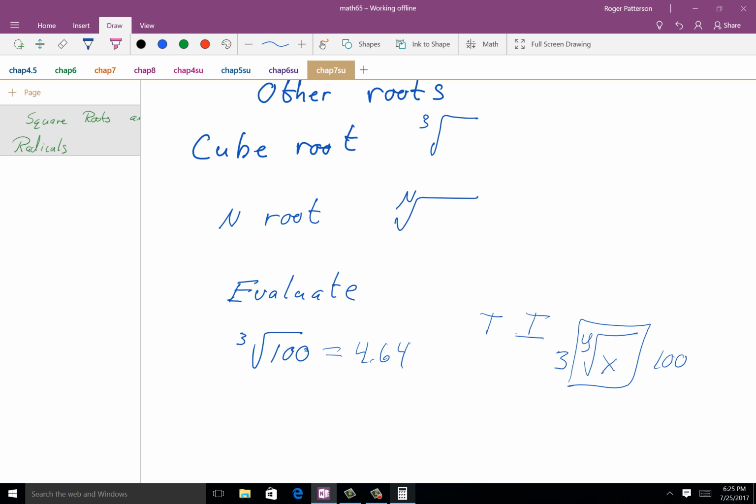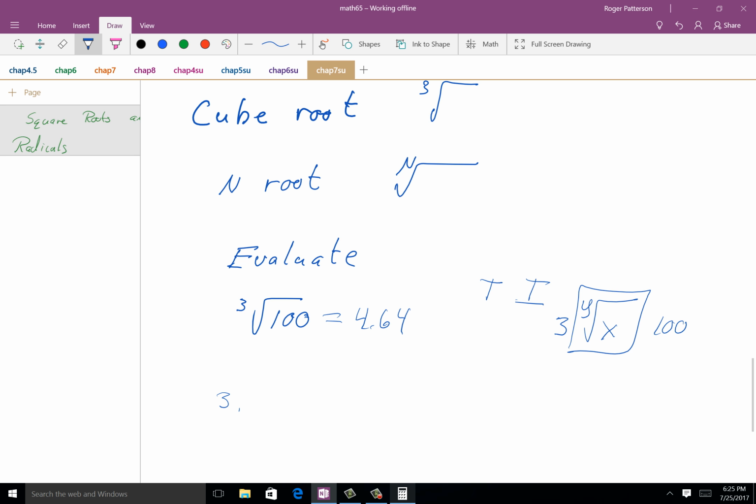So that's evaluating, and in a cube root, you can evaluate a negative number.